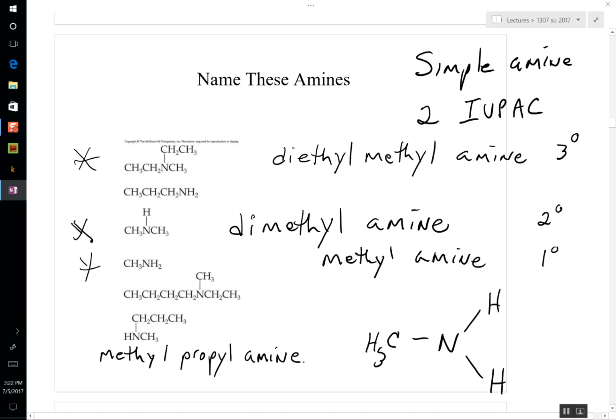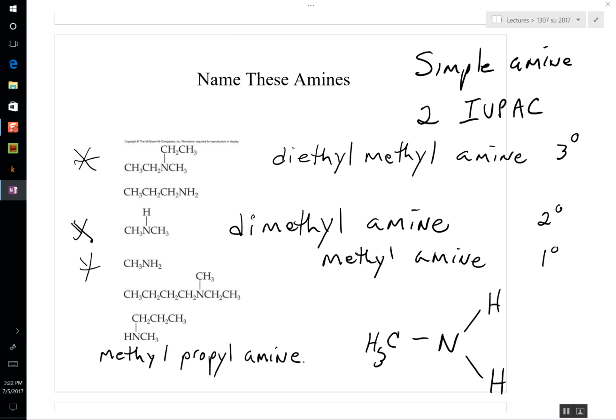What about the N? The N at the beginning of the methyl. Isn't that one of the rules, that if it's a secondary or tertiary amine, you put the N at the beginning of the name? Like N-methyl-1-propanamine?